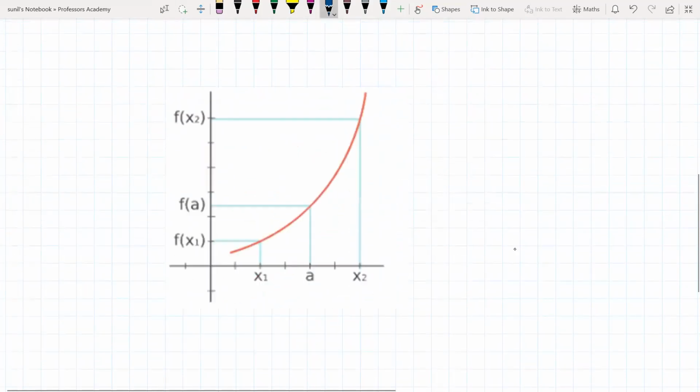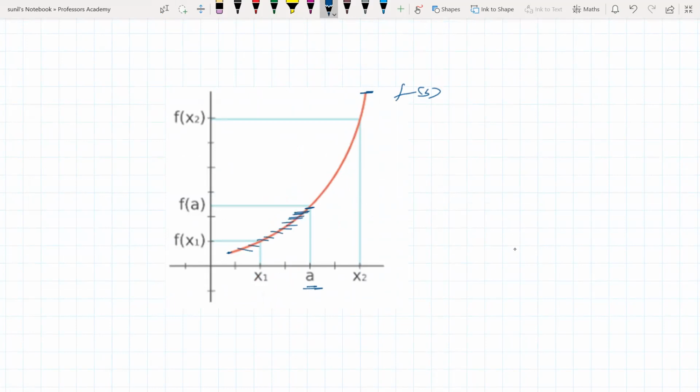Here, from this graph, you can see that the maximum value of the function is this one. That should be f(b). Now let me take the domain here only, from a to b. So this portion is not there.